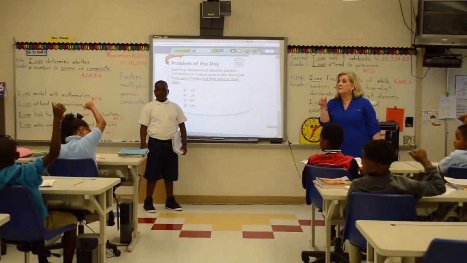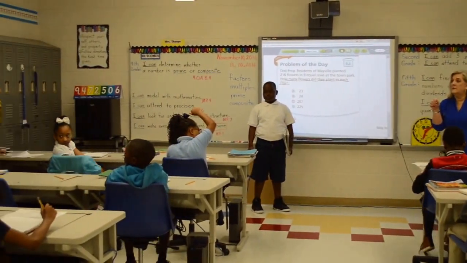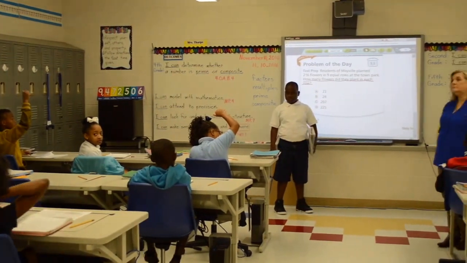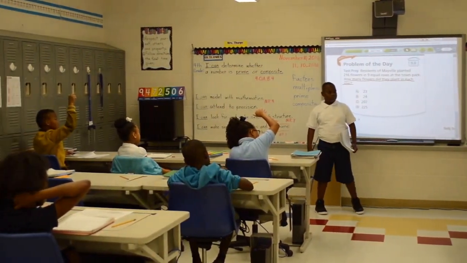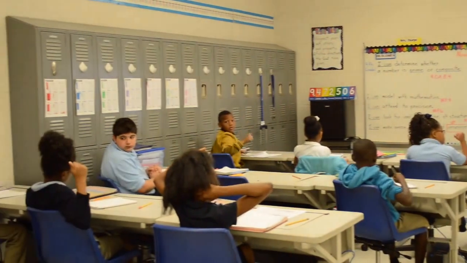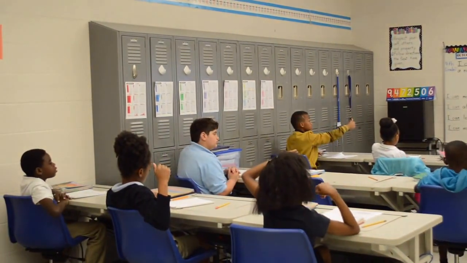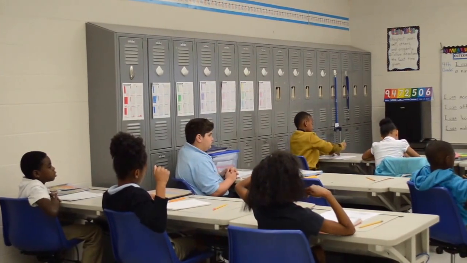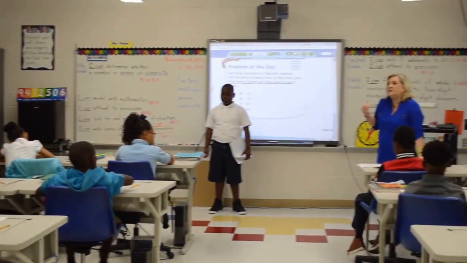I think we need to just do the division because it says it has 216 flowers and 9 are in each row. So what are you using to decide that you need to divide?